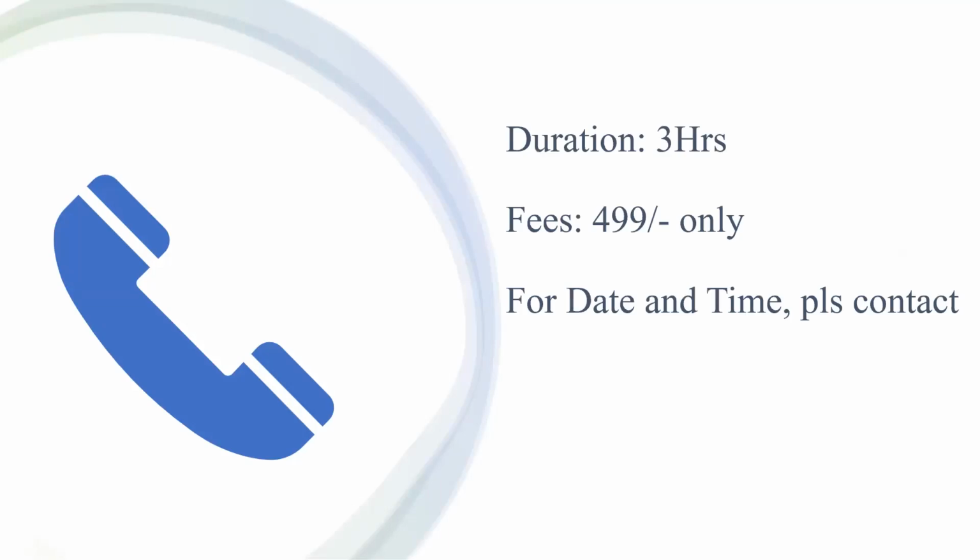The duration is 3 hours, maybe half an hour more, 3.5 hours is required, and we are going to charge only 499, and you will have 1 year to access this, and the new techniques that come will keep being updated for you.